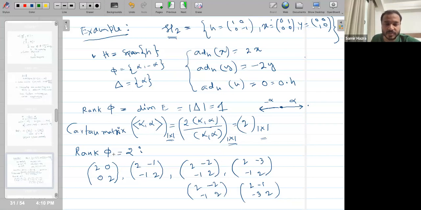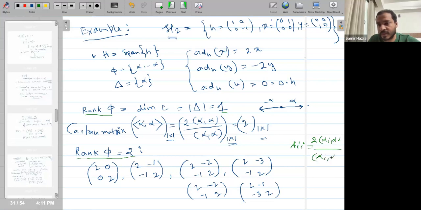And this was the rank phi equal to 1 case. If rank phi equal to 2, can we write all the Cartan matrices? Let us see. So if rank phi equal to 2, then the matrices are all 2 cross 2. And the diagonal entries a_ii must always be 2, for the simple reason that a_ii is just 2(alpha_i, alpha_i) over (alpha_i, alpha_i), which is nothing but 2.